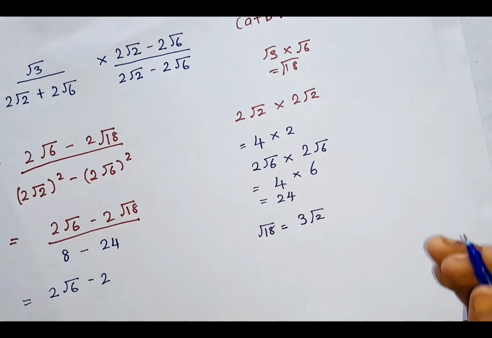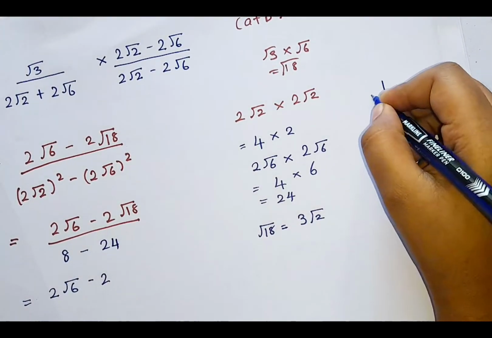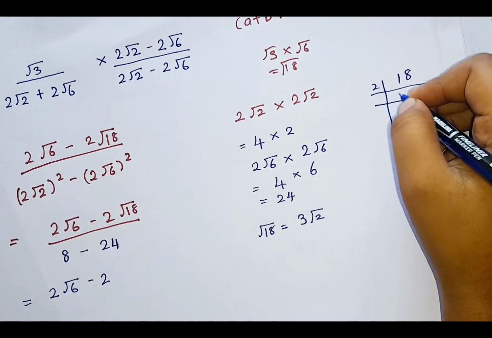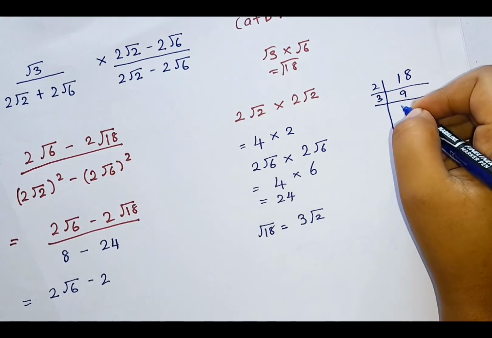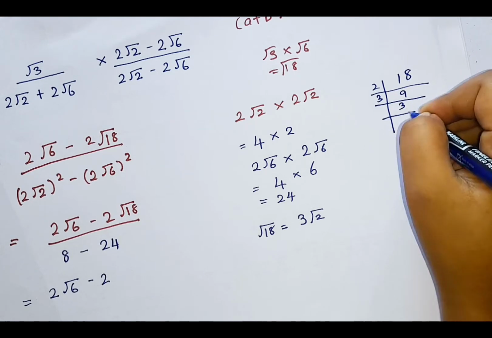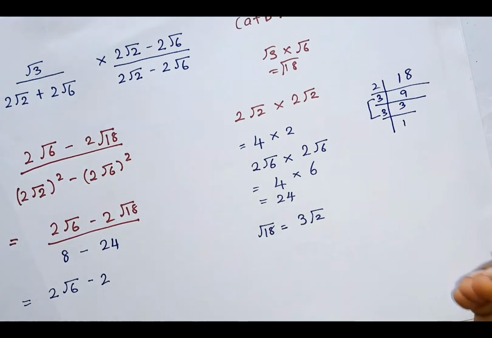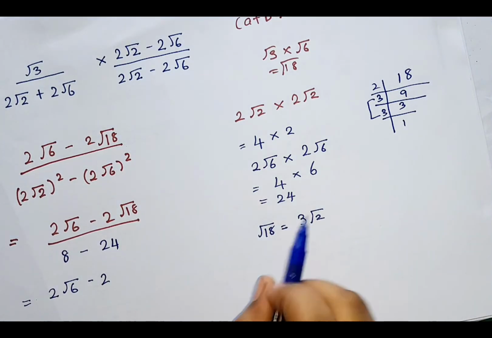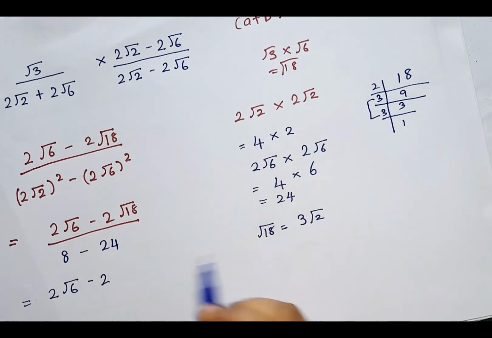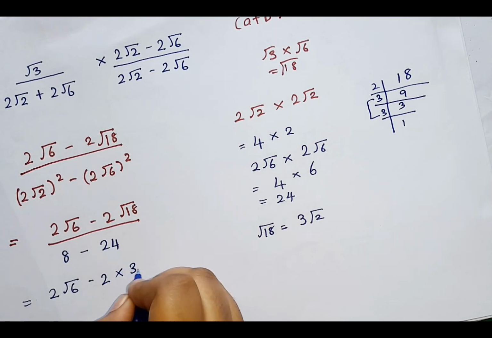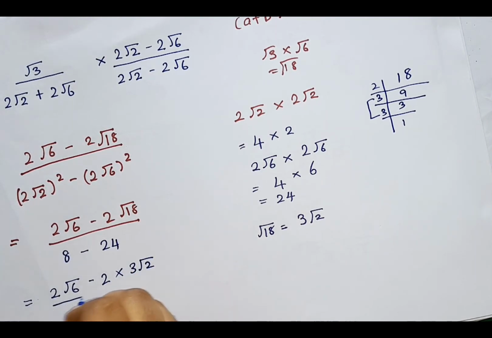We can just take factors of 18. 9 is 3 3s. This is how we got the 3 root 2. When we just take factors, we'll get like this. So we can write it like that, 3 root 2 divided by, so when we subtract it, we'll get minus 16.